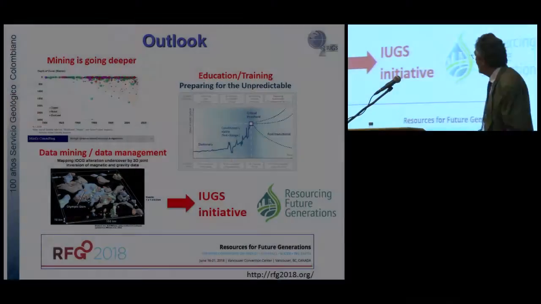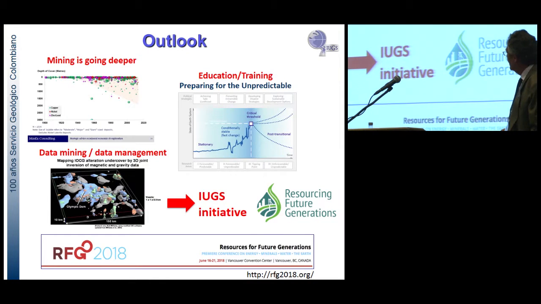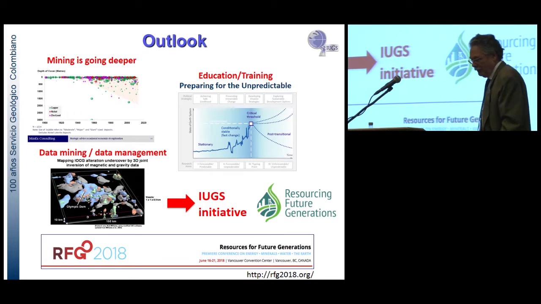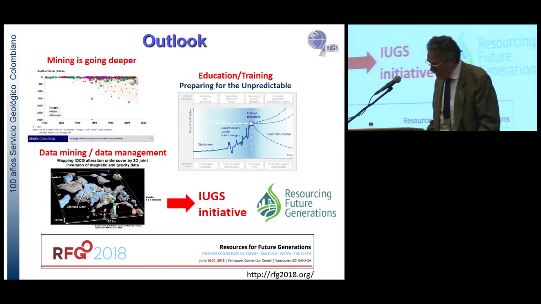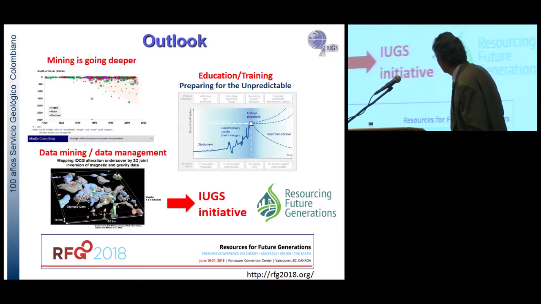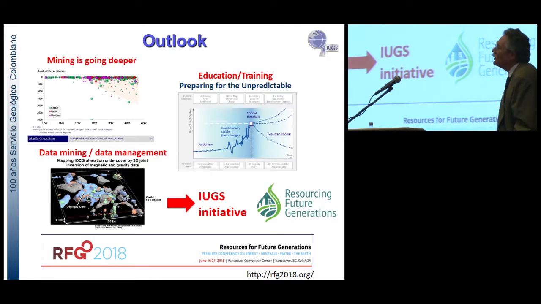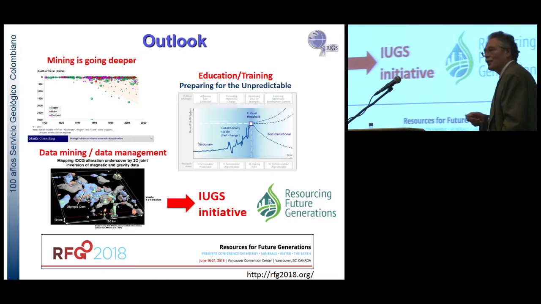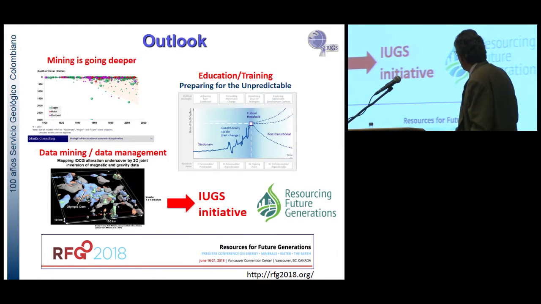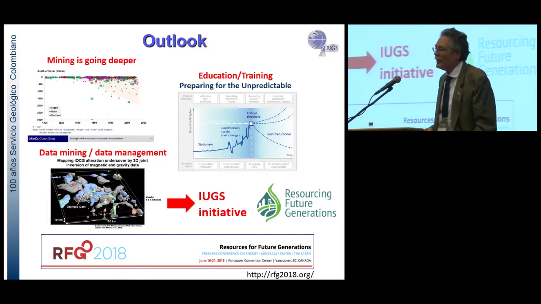And I would like to stress that in 2 years from now, the Canadians are offering a congress called RFG 2018. It's one of the first interim conferences between the IGCs that will deal with energy, minerals, water, and the earth as such.